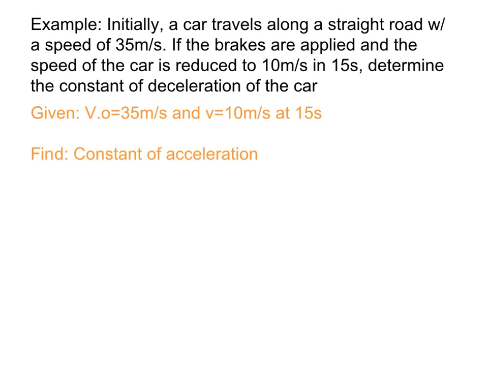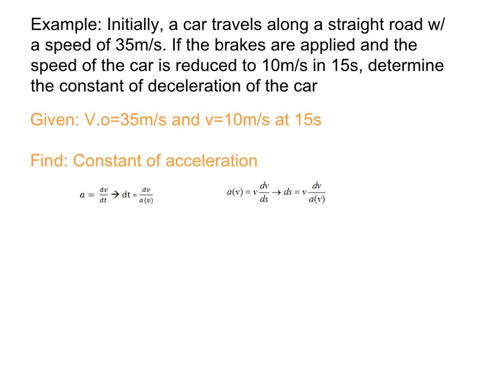And so first off, when you look at this problem, you need to understand that its acceleration is a function of velocity, because we're given velocity and time. And so then it can be one of these two equations, and since we're not given a change in position, we're given a change in velocity and a change in time, we're going to want to use this equation.